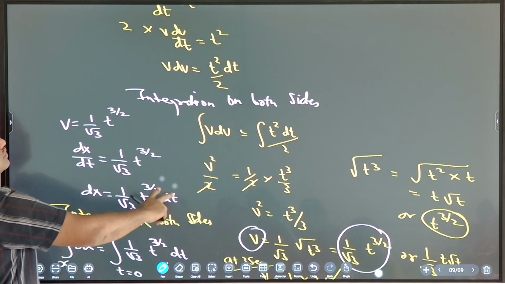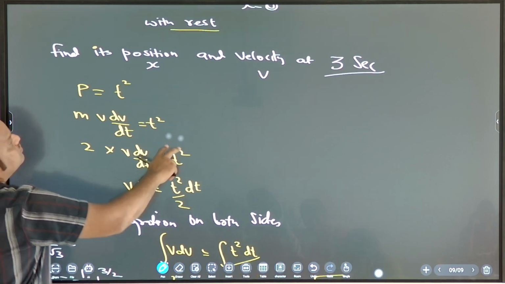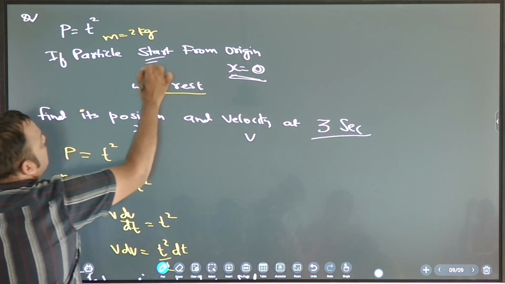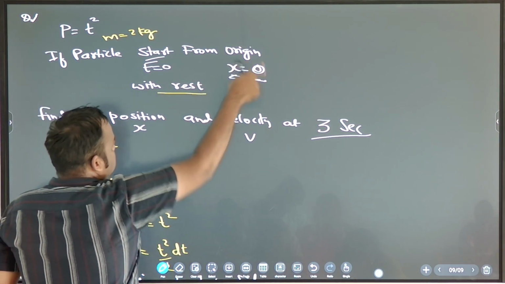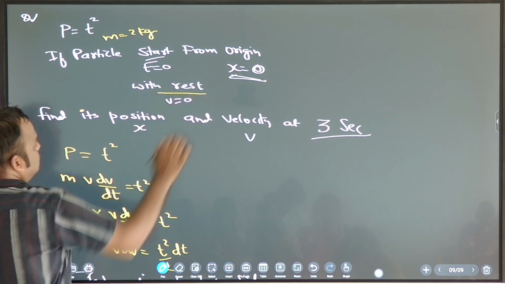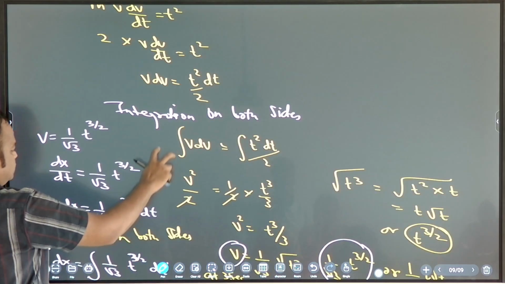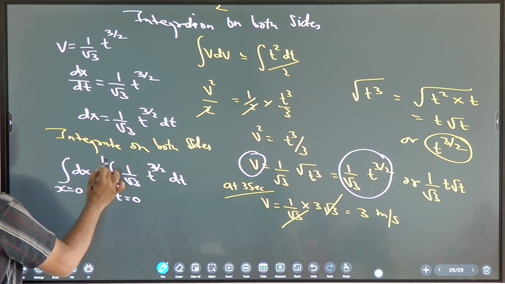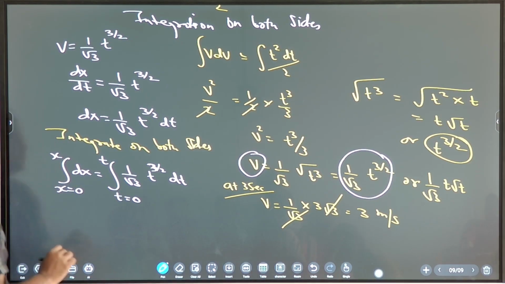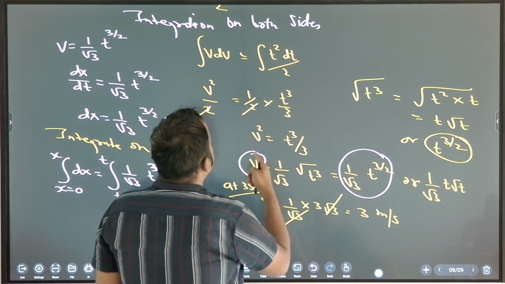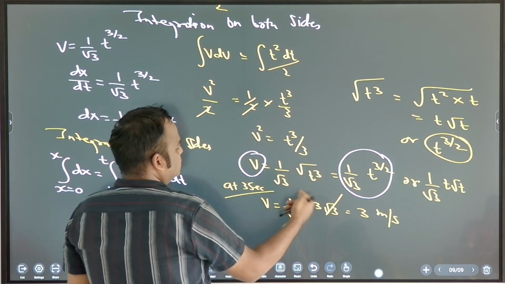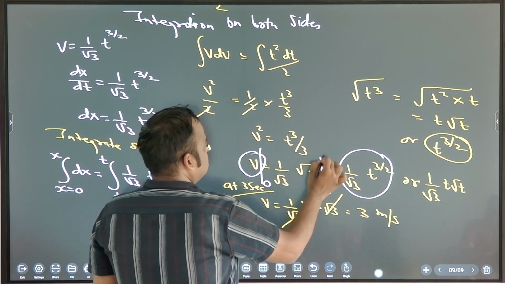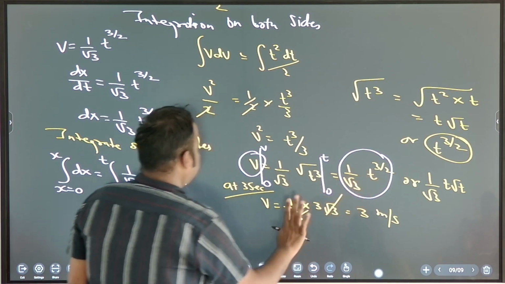It starts from 0. Time 0 means x is 0, v also 0. After time t, position is x. Same thing as here, you can consider limits. When time is 0, velocity is 0. After time t, velocity is v.